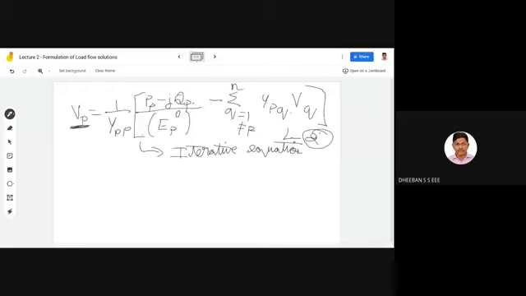So here, this second equation will change with respect to your iterative format. It becomes EP(k+1), which you have to consider as the future value.